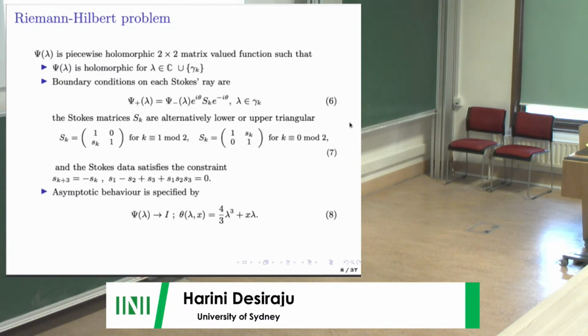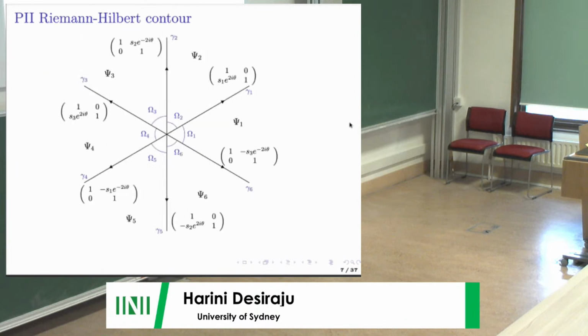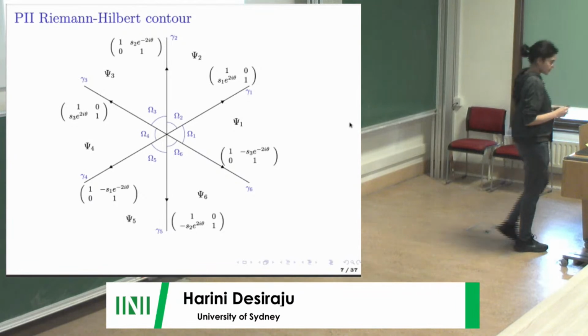And plus and minus are given with this convention. Plus is here, minus is here. For any Stokes ray, this is the positive side and this is the negative side. So when you go here, this will be the positive side and negative side, and so on. So this is how you define the Riemann-Hilbert problem with the usual prescription of positive and negative.